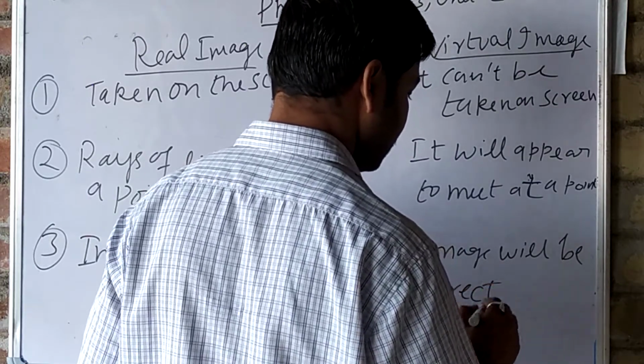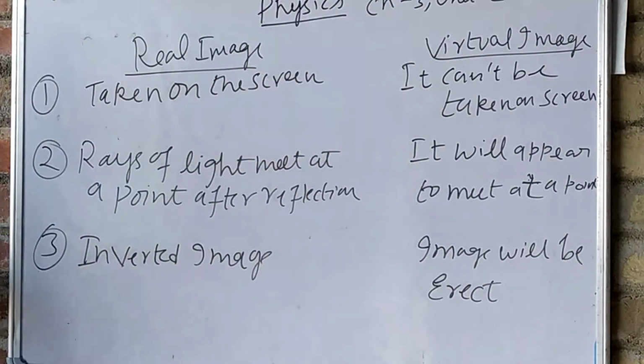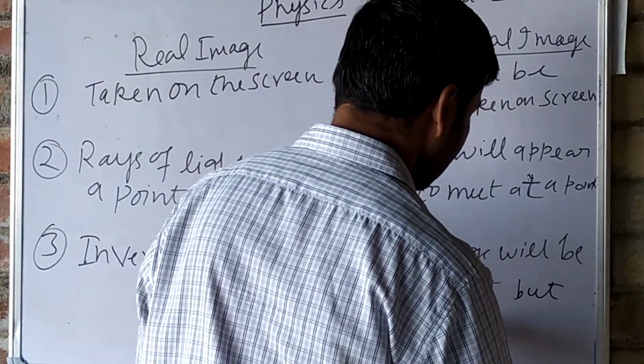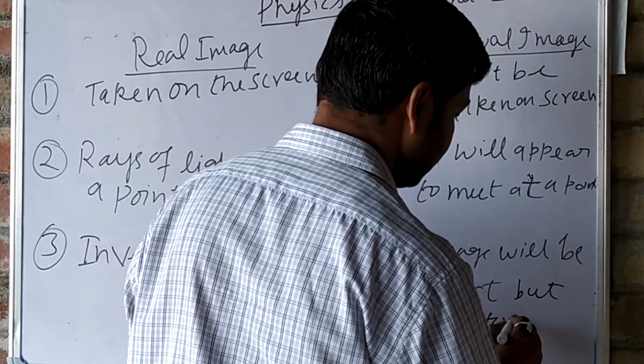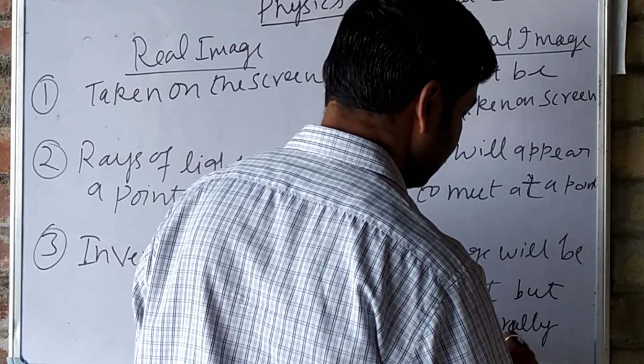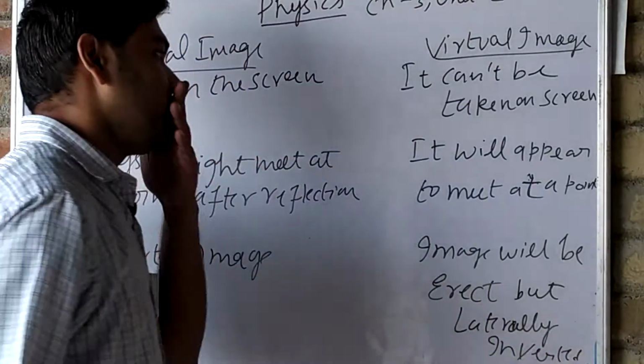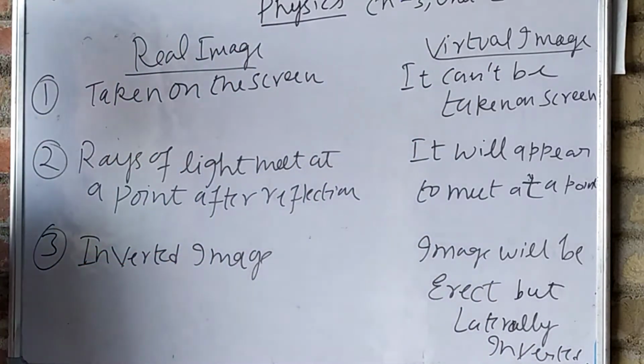And here the image will be erect, but diminished also, but laterally inverted. So these are the 3 points of the real and virtual image.